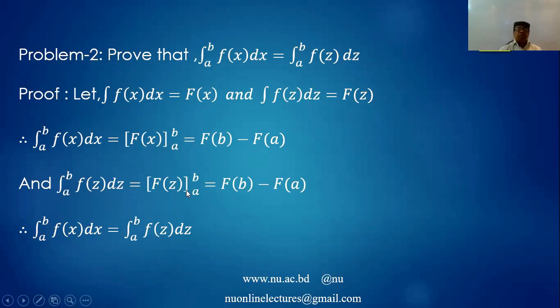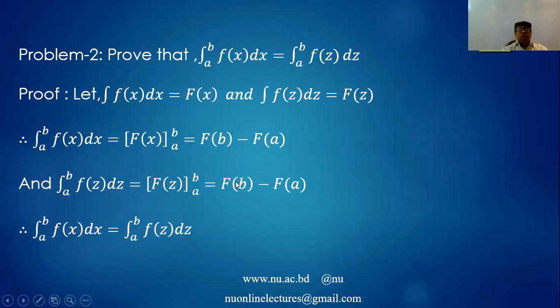That is F of z with the limit a to b. Substitute the value: F of b minus F of a. This is previous knowledge, previous logic, how to substitute the limit. So these two values are equal to each other.